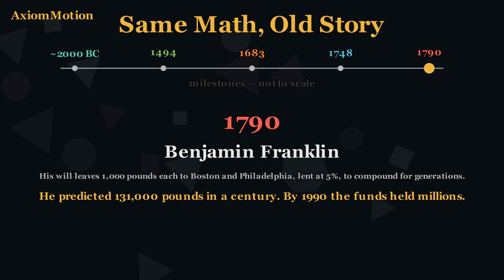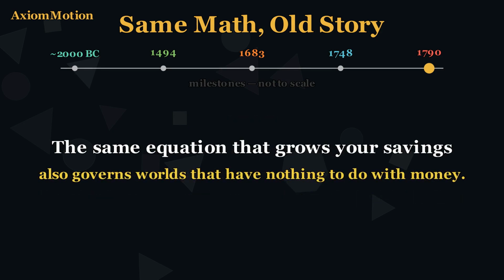He predicted it would swell to £131,000 in a century. 200 years later, the funds were worth millions, bankrolling schools and museums. From Babylonian clay to a founding father's will, this is the same mathematics. And remarkably, that same equation reaches far beyond money into worlds you would never expect.